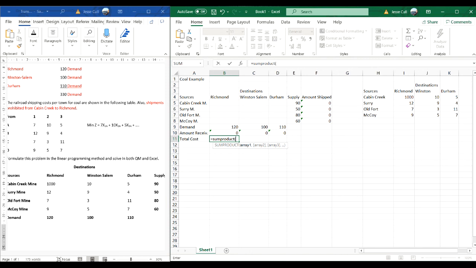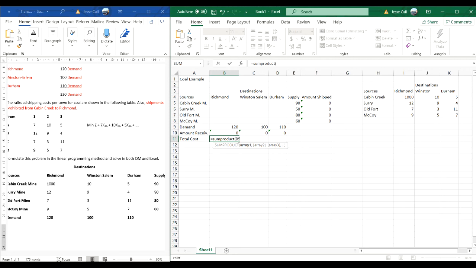So our sum product represents this times this plus this times this plus this times this, etc. Same as we've done here, but we've just made it easier to input in a spreadsheet.